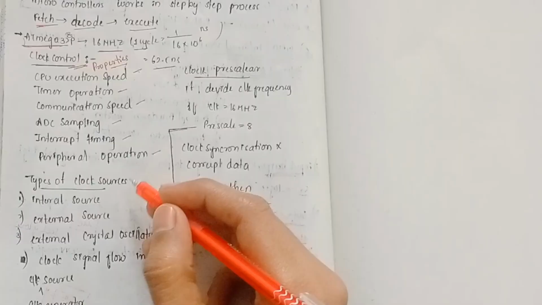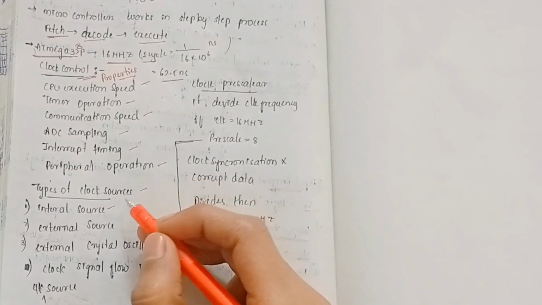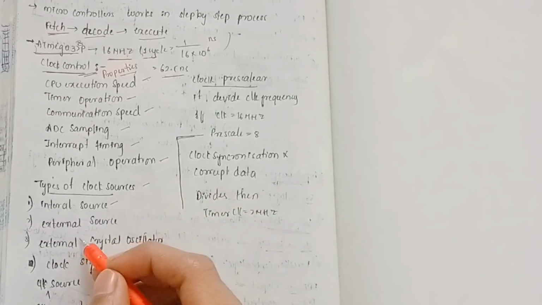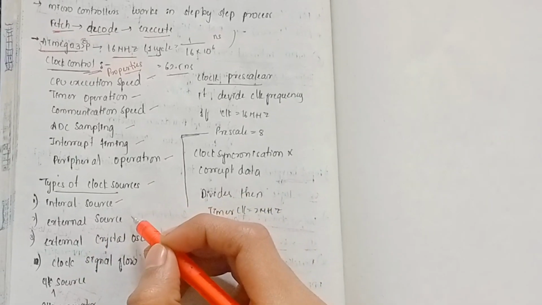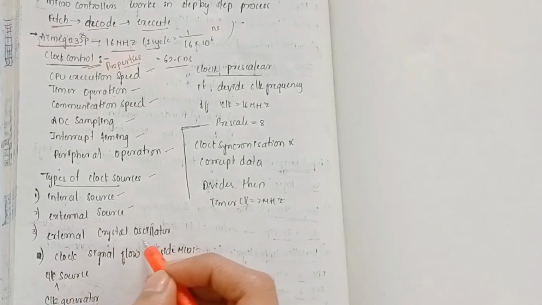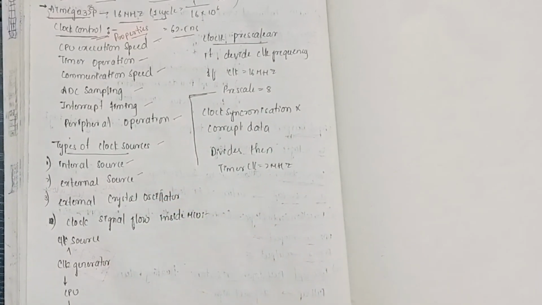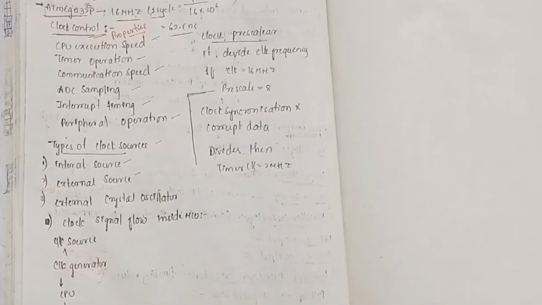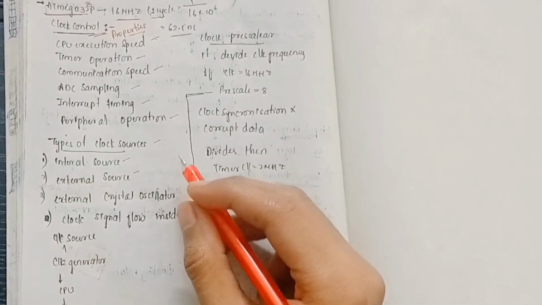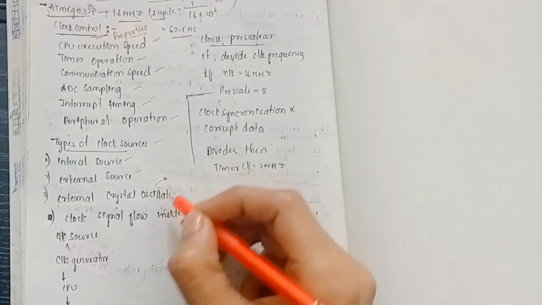These are the types of clock sources. Internal clock source, where the clock is generated inside the circuit. External source, where the clock is generated outside the source. And external crystal oscillator, where the oscillations are generated using a crystal which is outside the circuit.